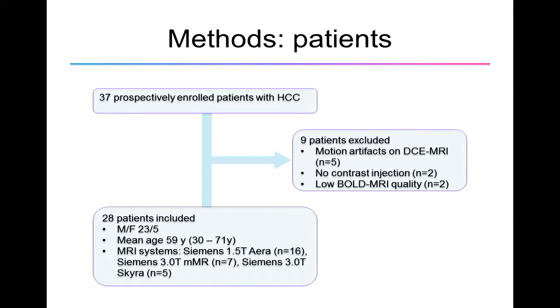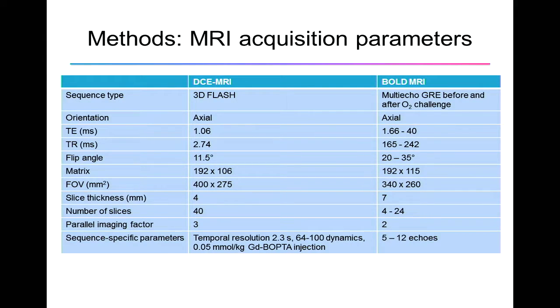In this prospective study, we enrolled 37 patients with HCC, of which we needed to exclude 9 patients because of various reasons. So finally, we included 28 different patients that were scanned either on our Siemens 1.5 Tesla Aera system, the Siemens 3 Tesla mMR system, or the Siemens 3 Tesla Skyra system. Here you see an overview of the MR acquisition parameters.